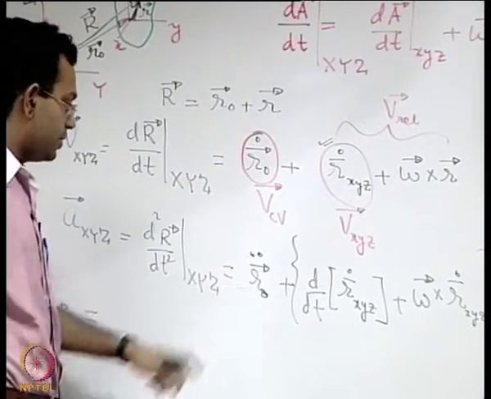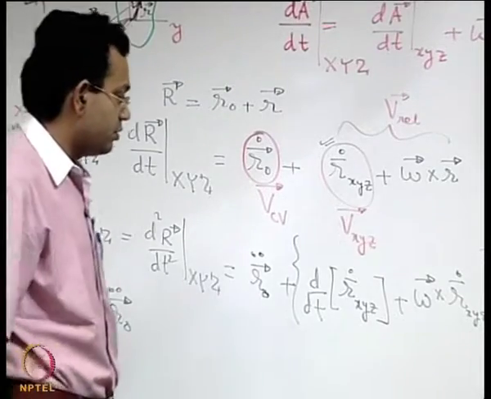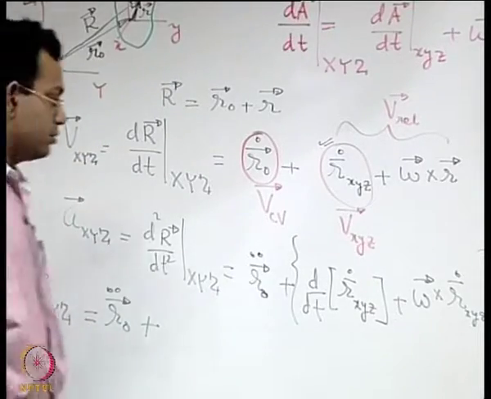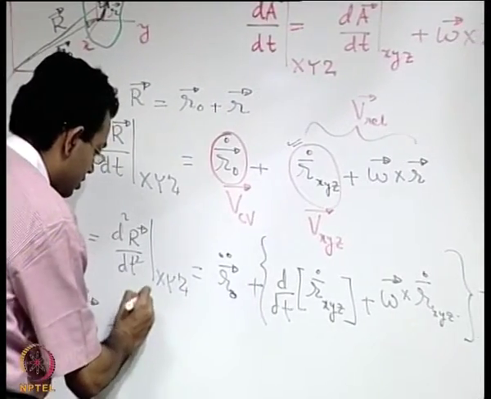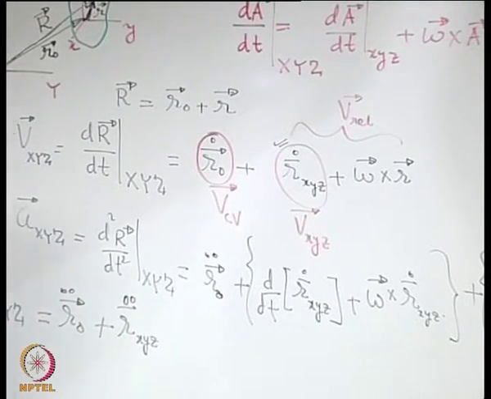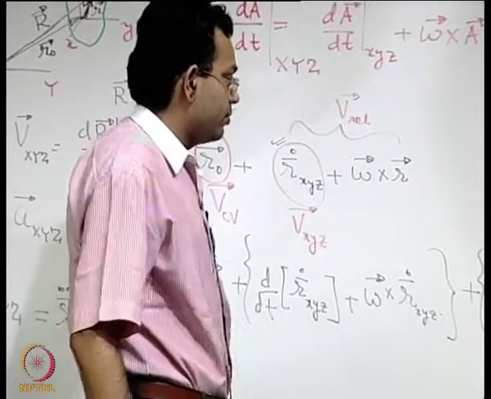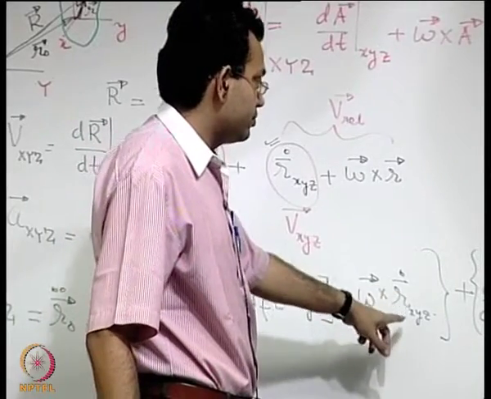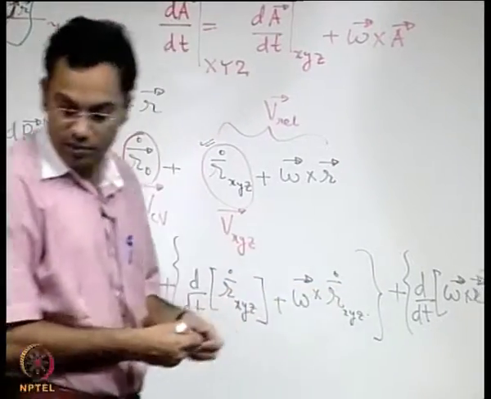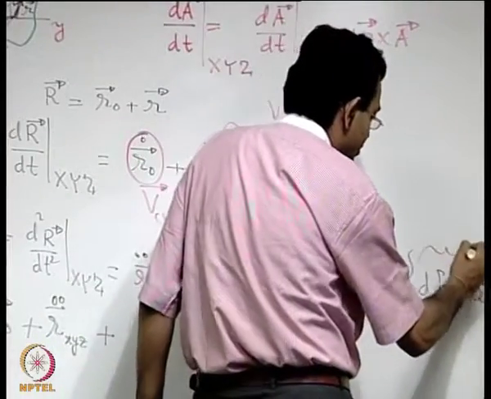So, the first term r naught double dot plus r small xyz double dot plus you have omega cross r dot, but let us simplify another term before writing that. Let us simplify this one.